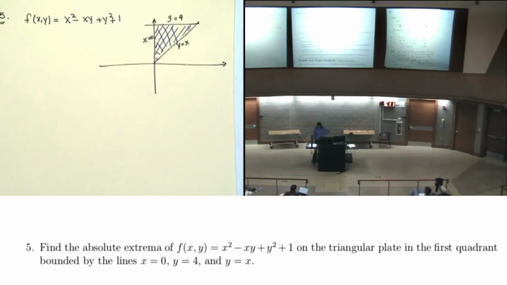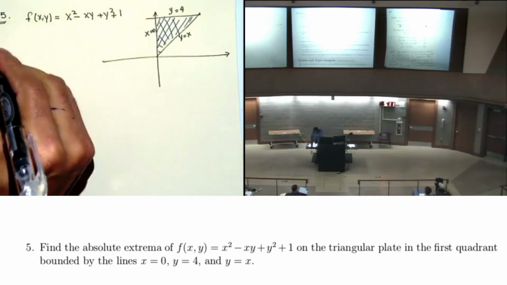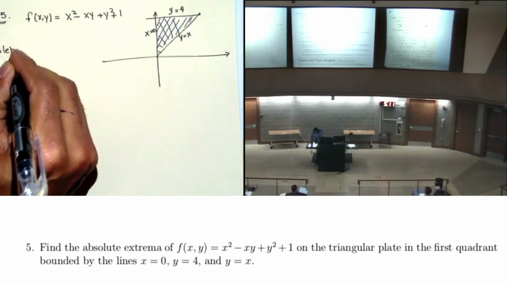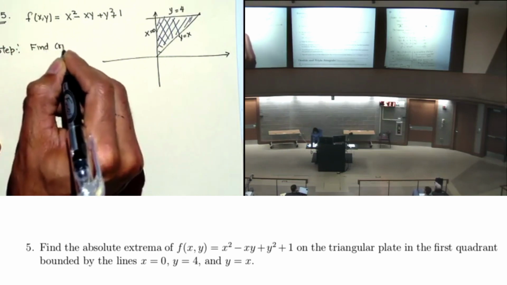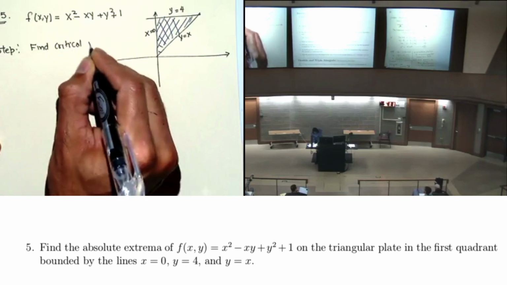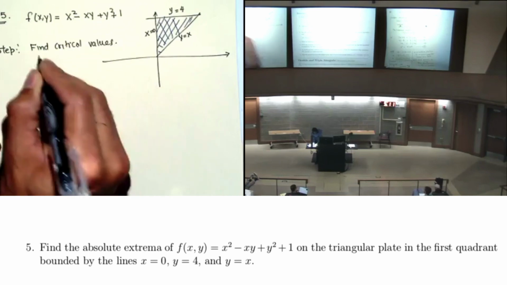Okay, what we first have to do is find the critical values. And there are going to be a lot of critical values here. The critical values which are inside the triangle, and the critical values which are on the boundary of the triangle. So you have to find them separately. There are going to be two types of critical values. Step number 1 is to find the critical values.